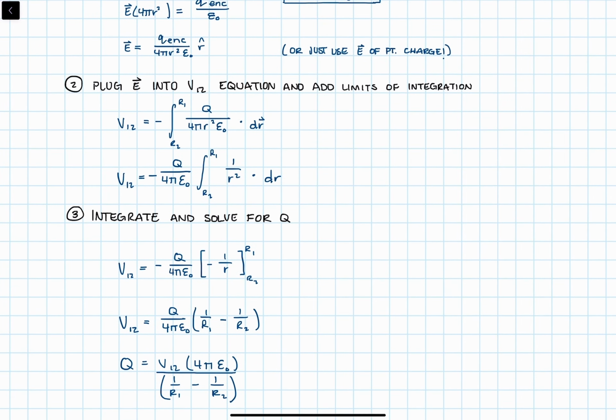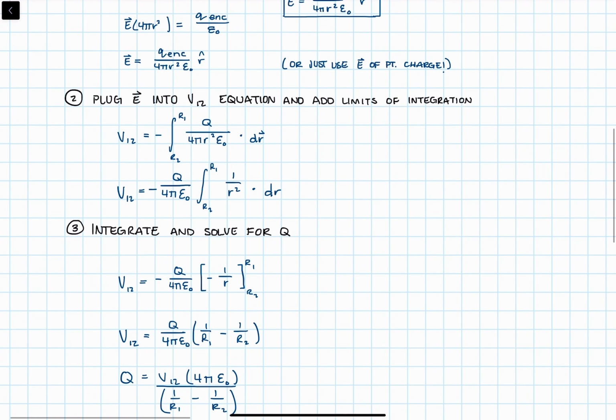For the second part, you plug the electric field you got from Gauss's law into the equation for the potential difference.